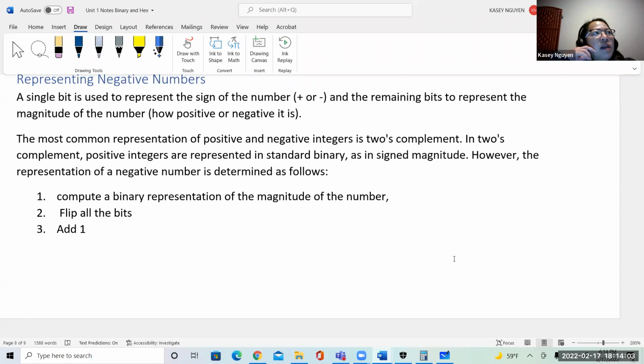So in C++ or C, sometimes you would see a program that would say unsigned int as the type for a variable. And that simply is a positive integer that that variable is going to store.